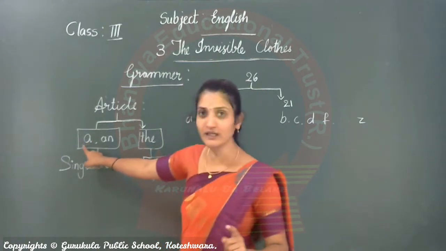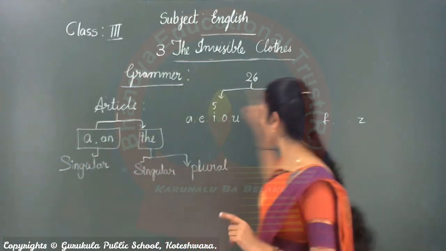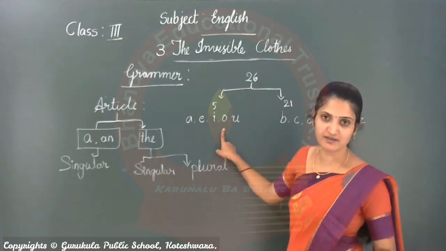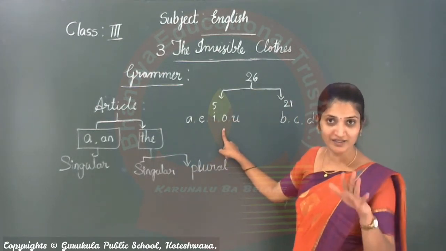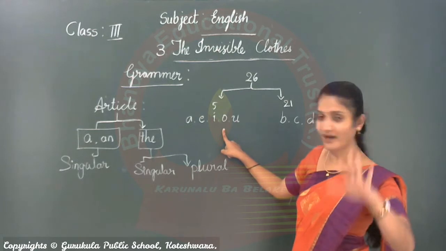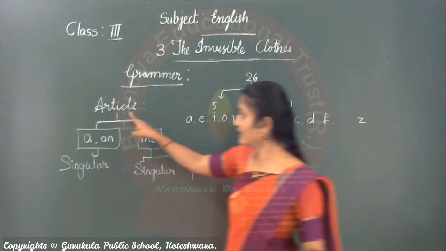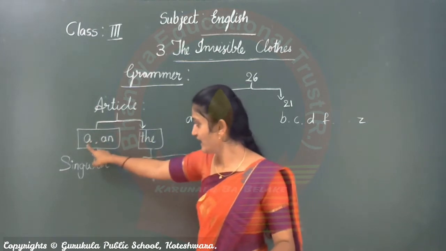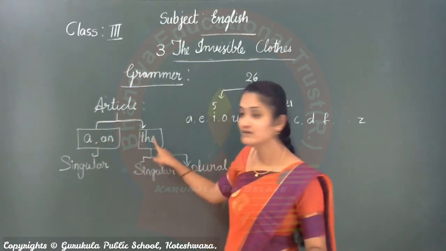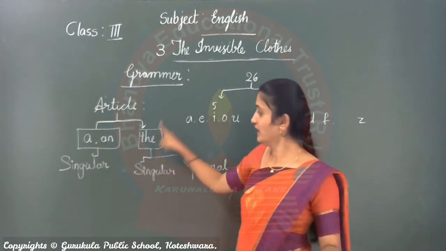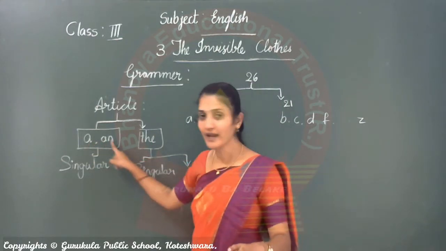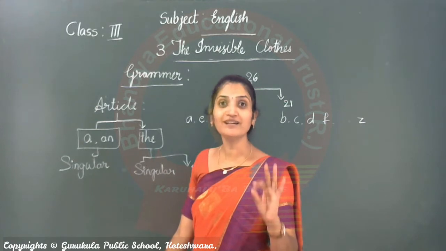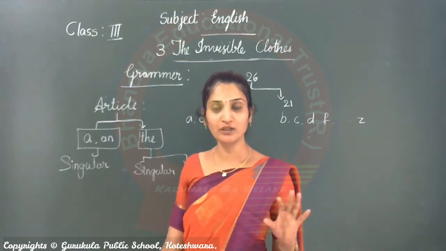We are using a for consonant and an for vowel sounds. Did you understand? Don't get confused. I'll clear it again. See, in articles, three articles are there: a, an, and the. Here, a and an we are using only for a singular common noun, before a common noun.